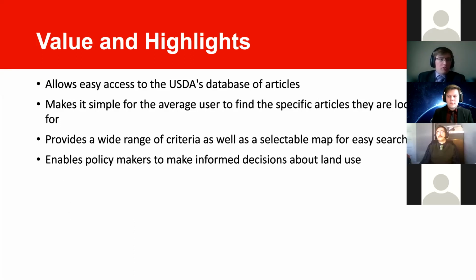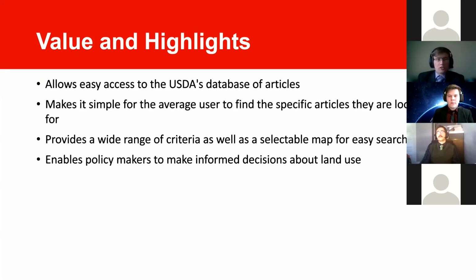So the value and highlights: this makes it very easy to access the USDA's database of articles. Currently, you would have to have a hard copy locally of this entire database, which is currently over 50,000 articles, and it's only going to grow over time. So this makes it much easier for the user to look for it. It makes it simple for the user to find specific articles for those keywords.